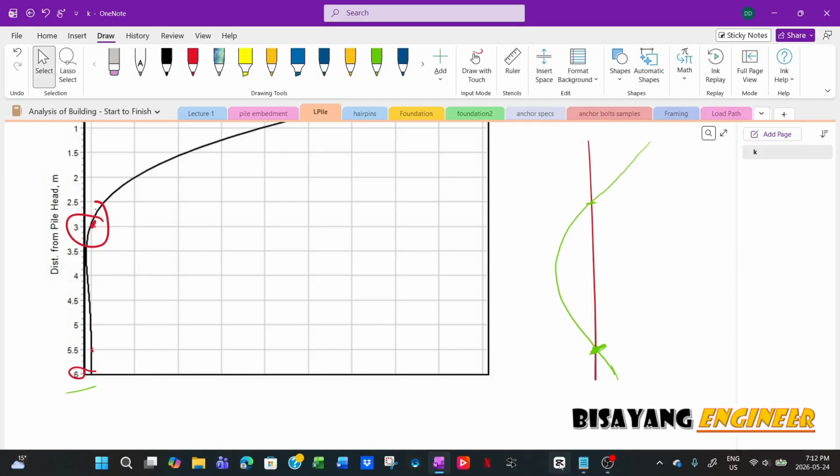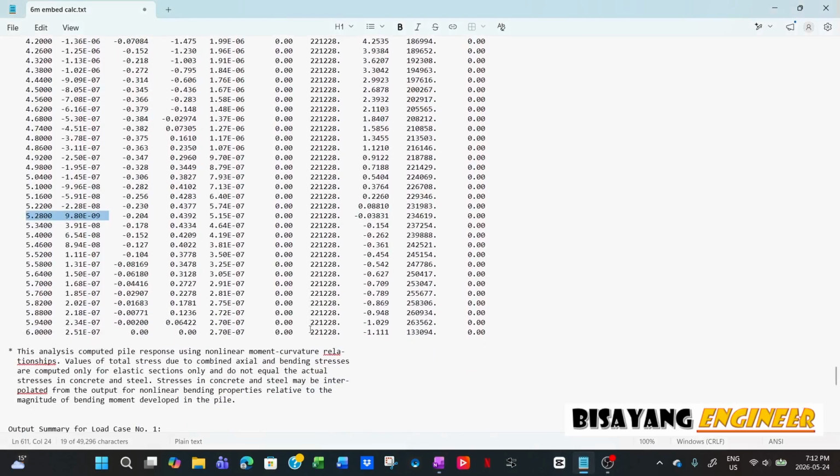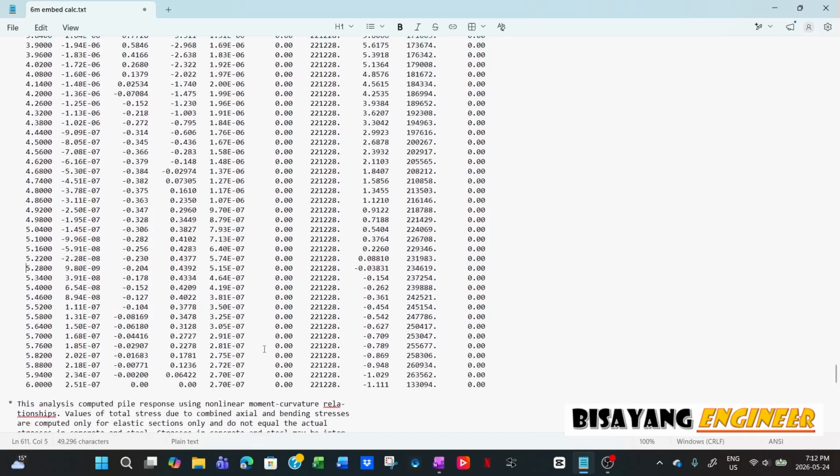If you look at the value at 6 meters, it's positive 2.15. That's a really small displacement, but at least it went back to positive again. That means if the pile is subjected to lateral load, it will possibly go back to its original position.